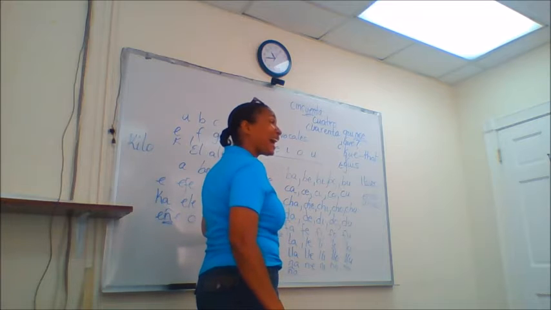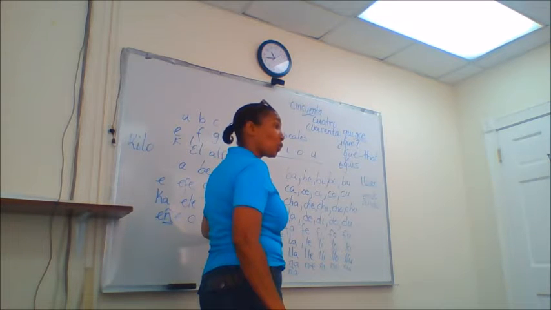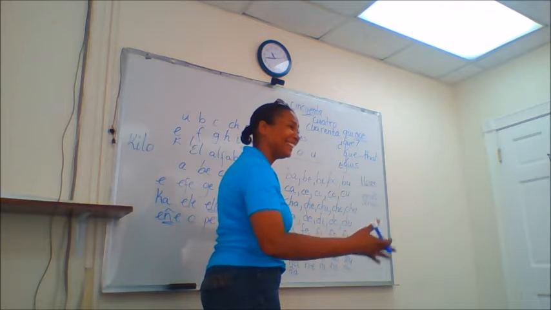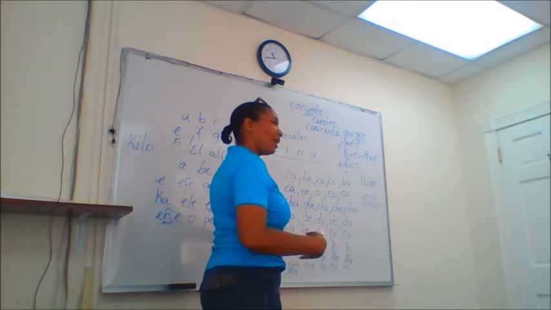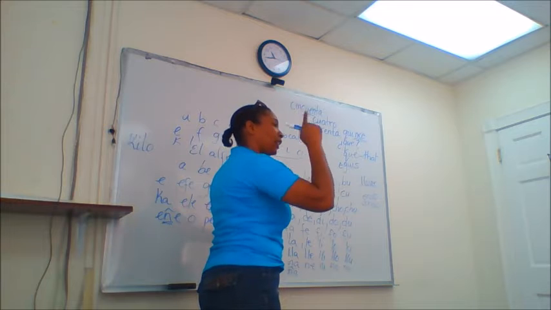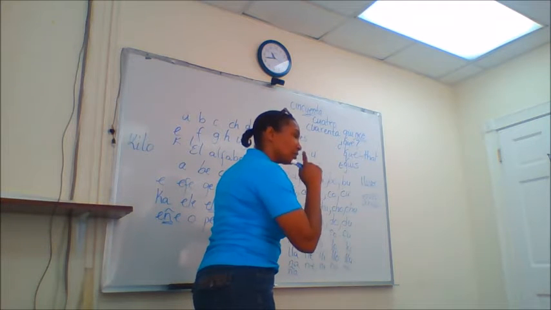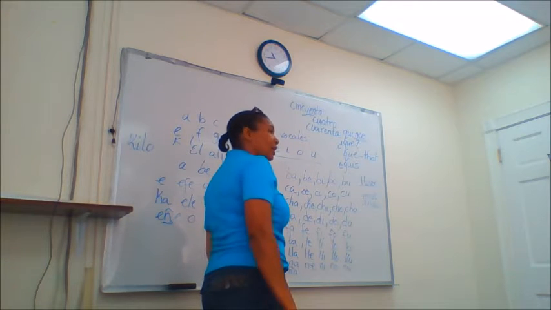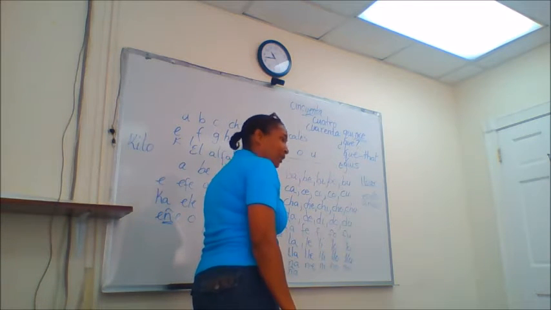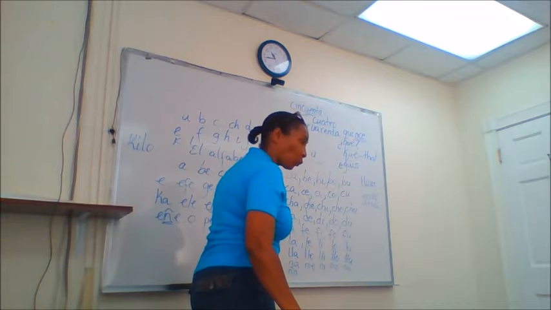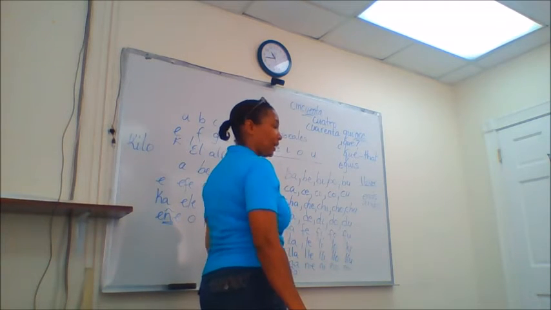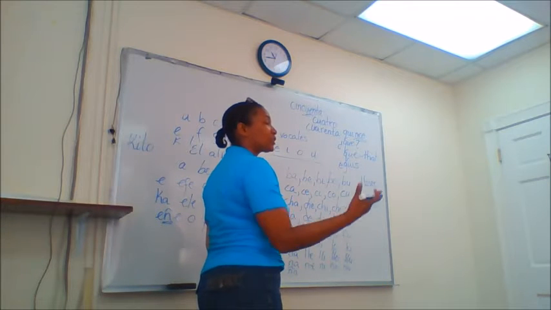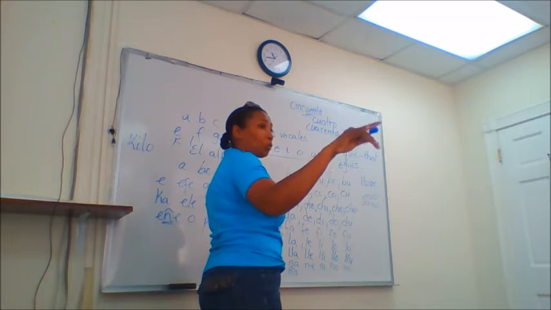This one goes r, and then re comes out. Then r, ro comes out. And then ru. So that's how we go. Ra, re, ri, ro, ru.